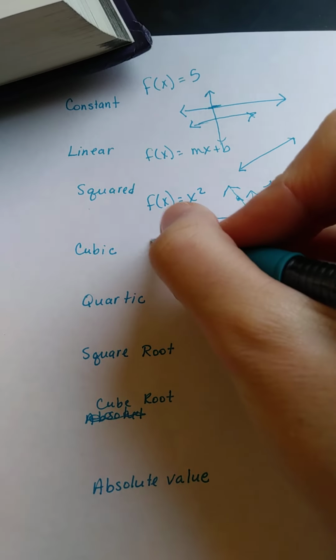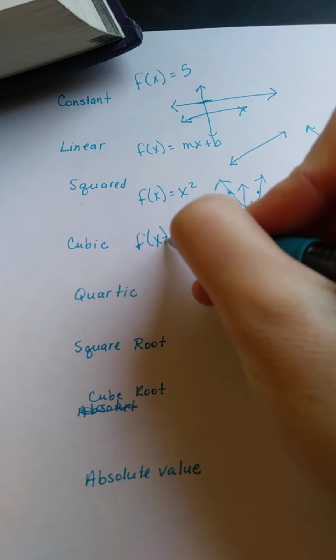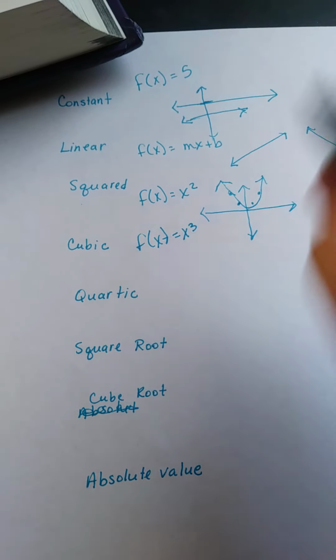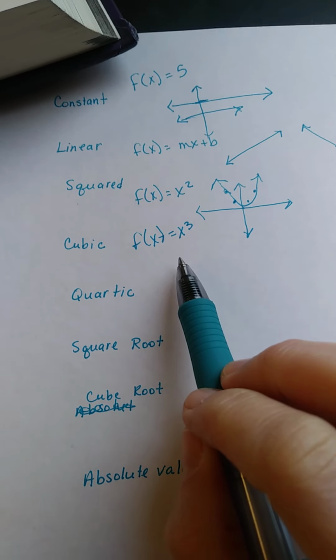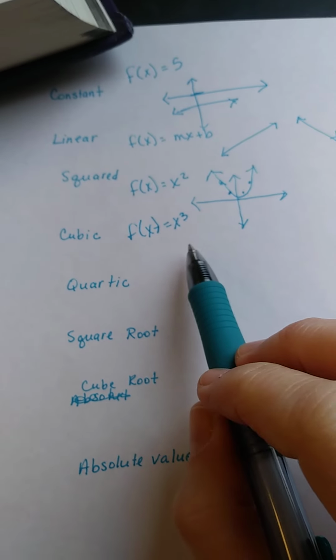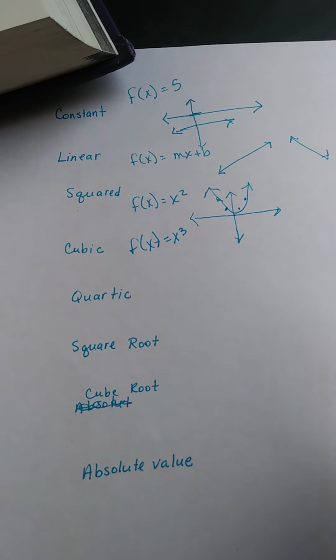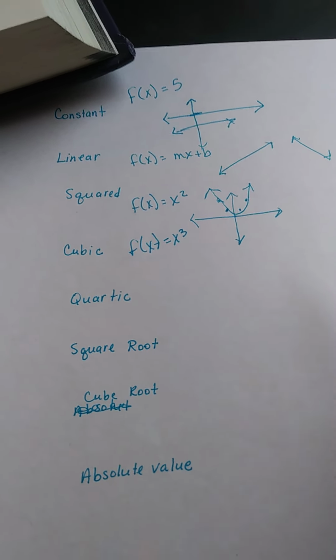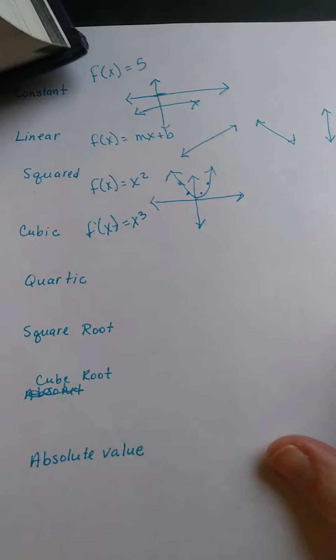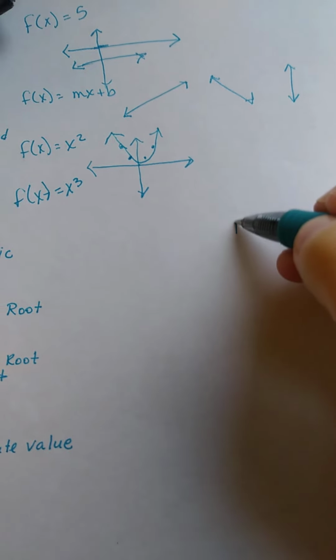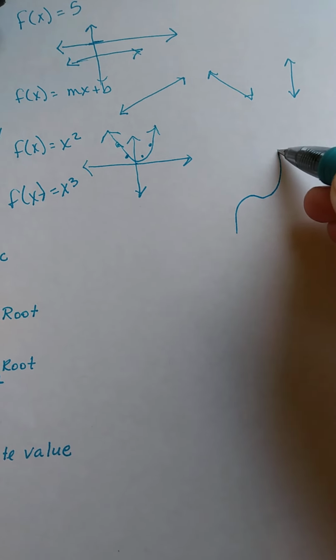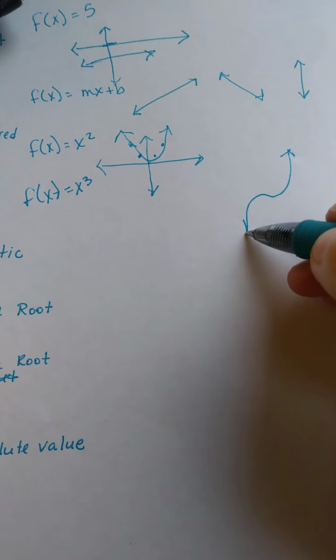Now, the cubic function, f of x equals x to the third. The cubic function is about when you cube something. And -1 to the third is still -1. Now, 2 cubed is 8, but -2 cubed makes -8. So we sort of get that mirroring, but it gets a little twist here. This is our cubic function.